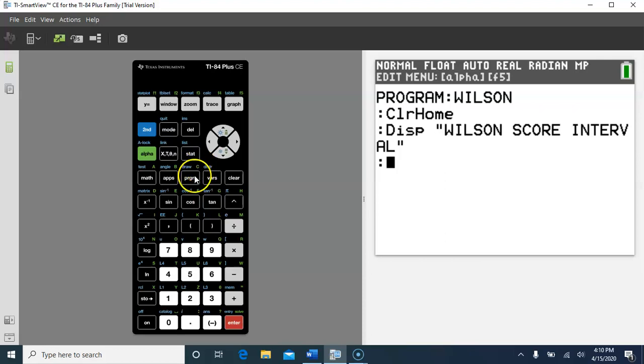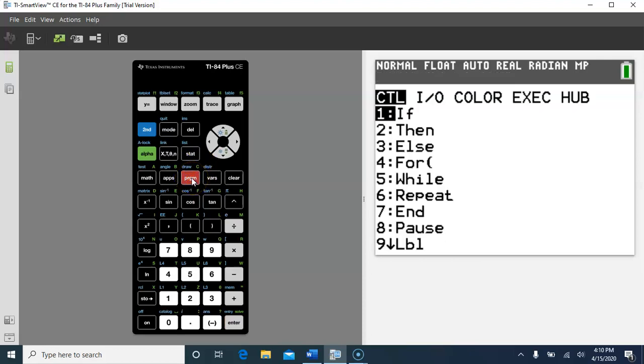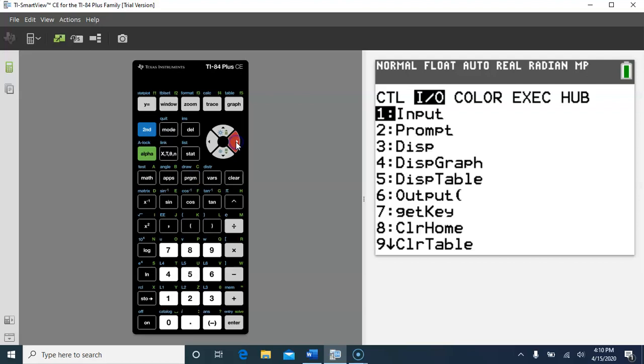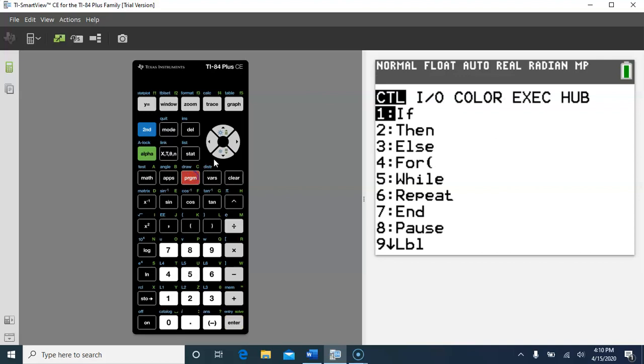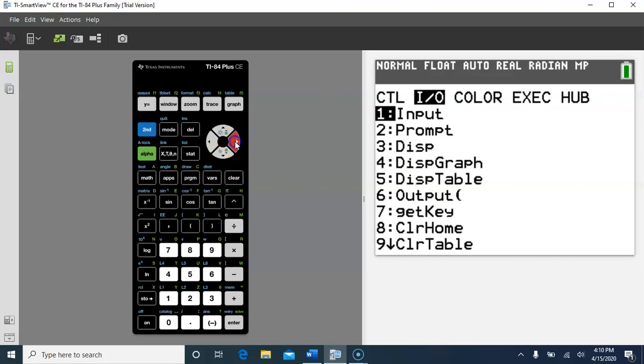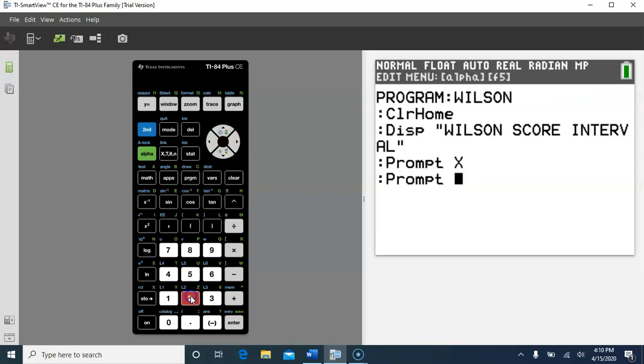Okay, then we're going to ask the user of our program to enter a value for x, which is the numerator of the fraction that's our sample proportion. So program IO prompt, which is item 2, prompt x, enter. Then we're going to ask the user for the sample size. So program IO prompt sample size n.